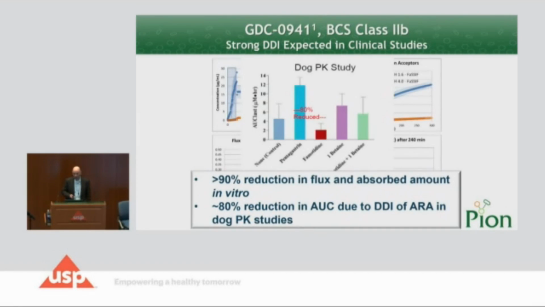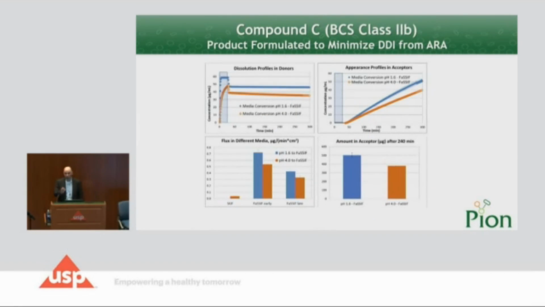And then we moved to another drug, both of them being BCS class 2B drugs, where this drug was specifically formulated to minimize drug-drug interaction from acid-reducing agents. We also saw much less effect of acidifying the gastric condition before converting to FaSSIF.